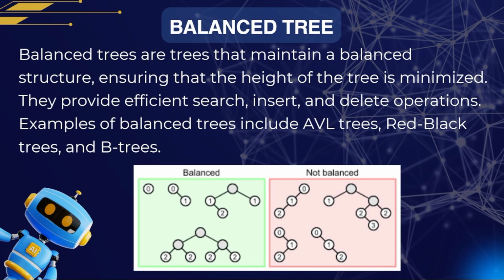Next is balanced tree. Balanced trees are trees that maintain a balanced structure, ensuring that the height of the tree is minimized. They provide efficient search, insert, and deletion operation. Example balanced trees include AVL trees, red black trees, and B trees. So nga rin, kanida ko no is iya daw i-balance ang ato ang tree.